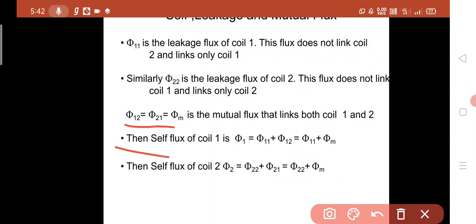Then the self flux of coil 1, phi 1, is equal to phi 11 plus phi 12, that is coil 1 leakage flux plus mutual flux. And the self flux of coil 2, phi 2, is equal to coil 2 leakage flux plus mutual flux.